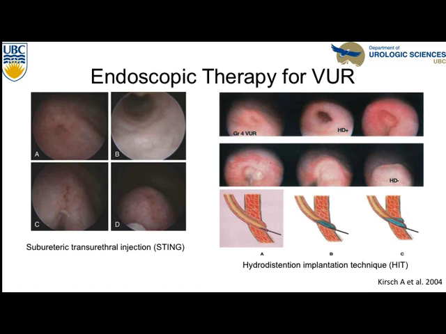Then there are other modifications to this, with the more common one being the HIT, or hydrodistension implantation technique, whereby the ureteric orifice is hydrodistended with irrigation from the scope. A bulking agent is then placed along the entire subureteral tunnel, which is believed to lead to greater ureteral wall coaptation. That's the pictorial format on the right side.